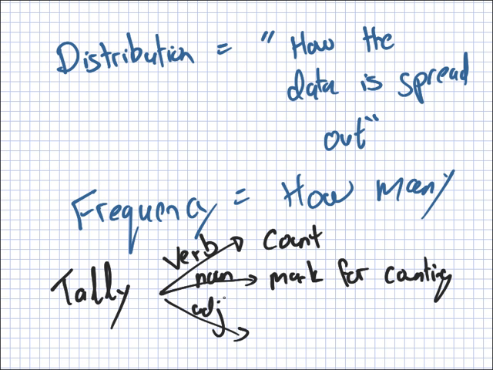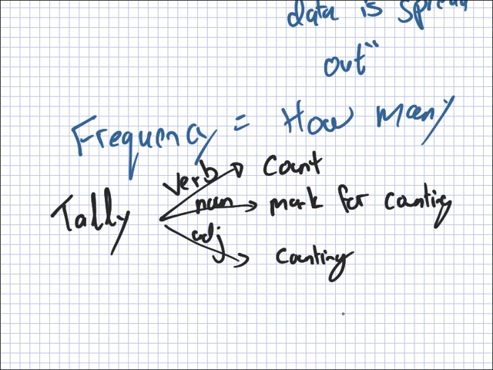Like an accountant, yeah. So as an adjective, it would mean someone or something that's counting. As like a person who counts. Okay. So let's go on to some examples now.